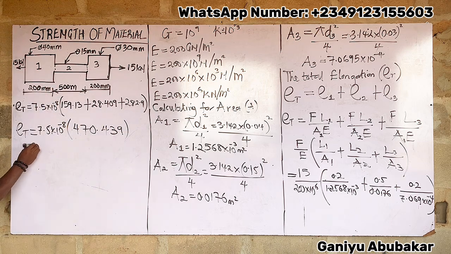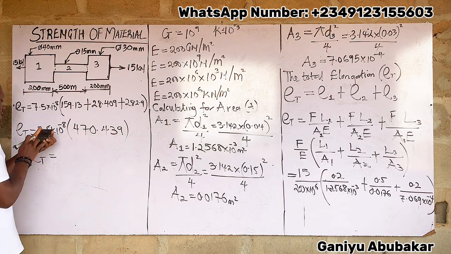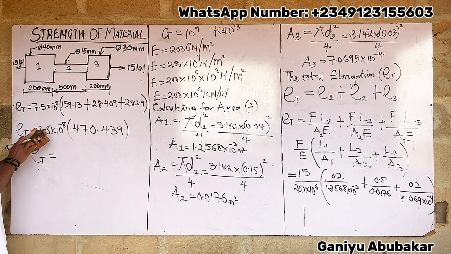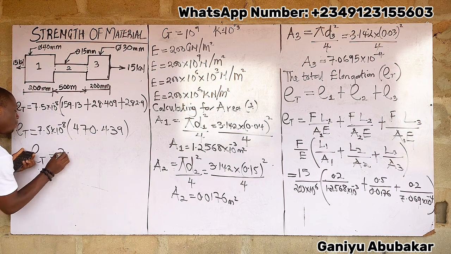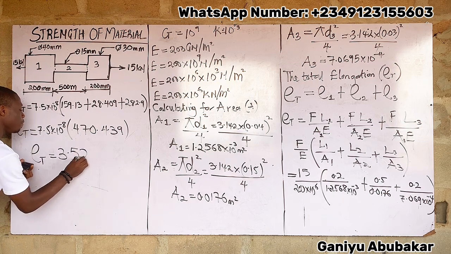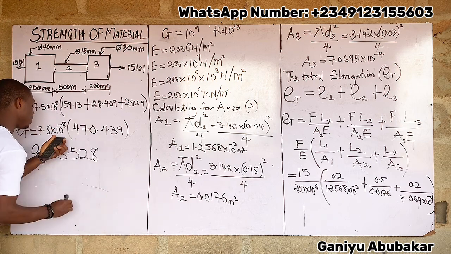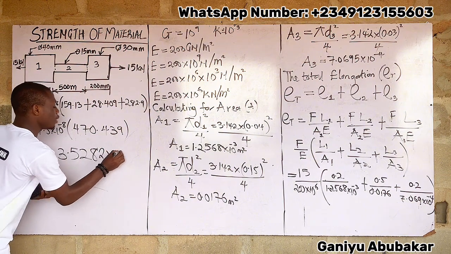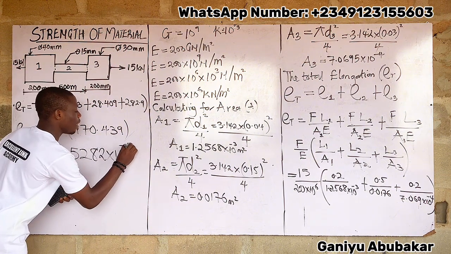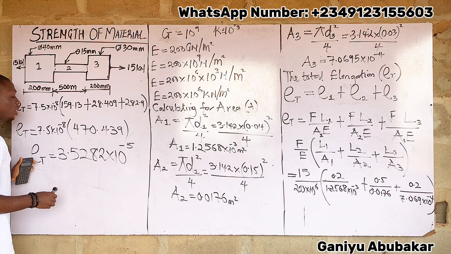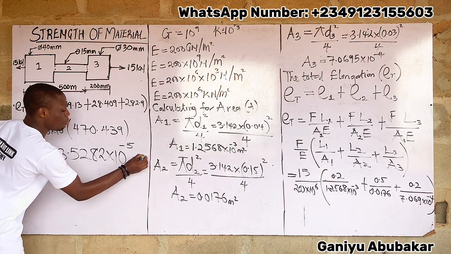Combine these two, my total elongation now becomes this answer here times 7.5 times 10 to the power minus 8. So about 3.5282 times 10 to the power minus 5. Please, what's my unit? Elongation is in meters. So my answer becomes meters.